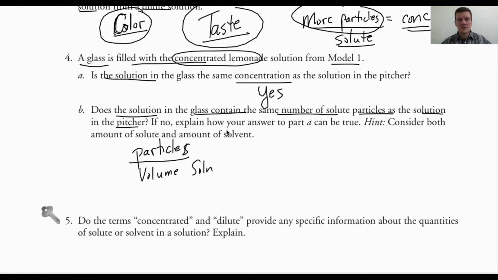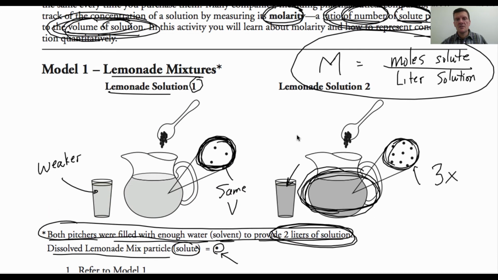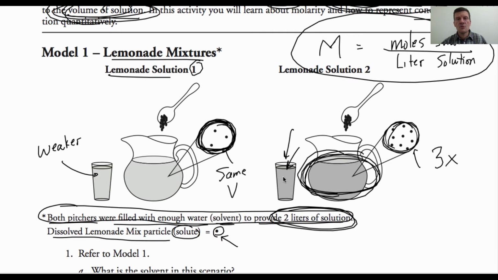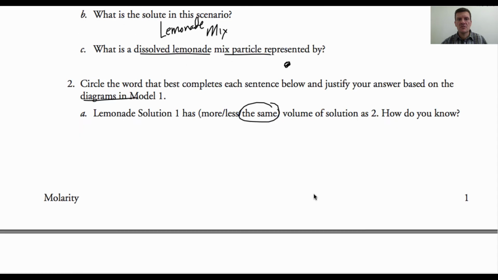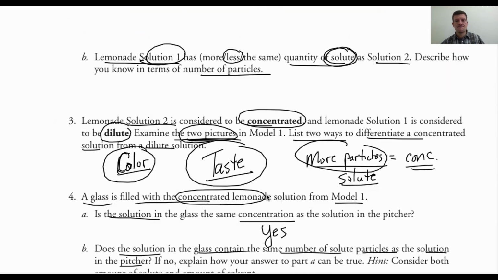Yes, of course, this little glass here has fewer solute particles in it than the big pitcher, but the ratio is the same, meaning the number of particles to its volume is going to be the same as the ratio over here of number of particles in the pitcher to its volume. The ratio is what is not going to change.